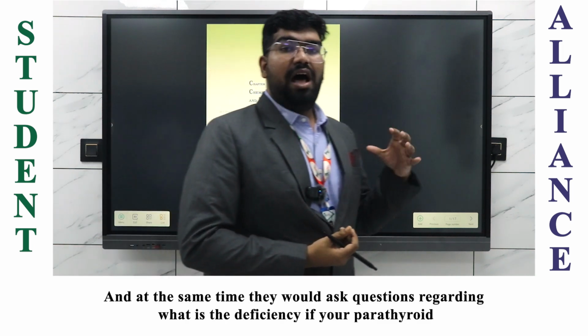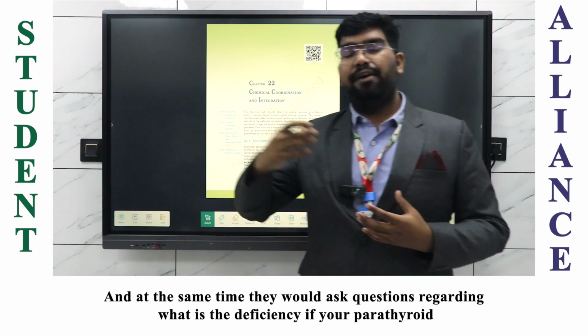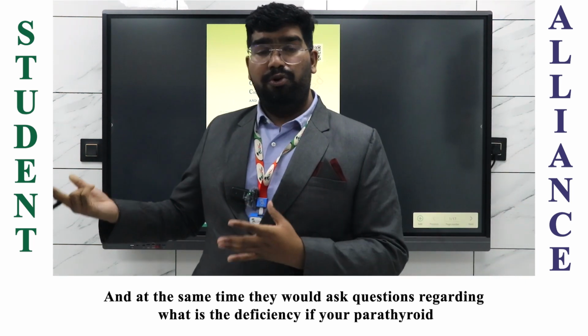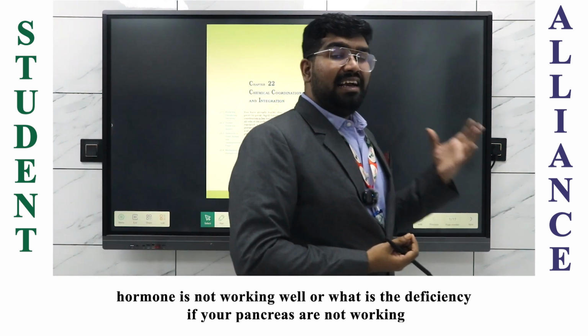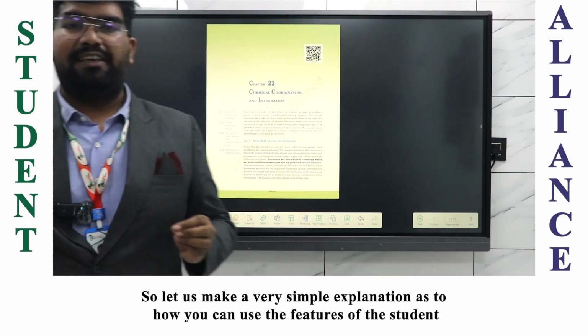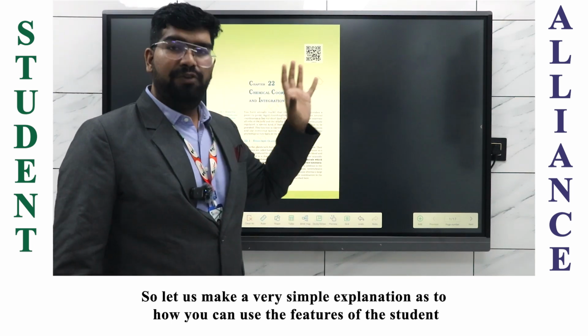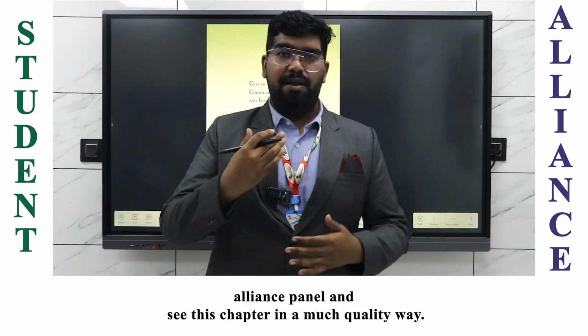And at the same time, they would ask questions regarding what the deficiency is if your parathyroid hormone is not working well, or what the deficiency is if your pancreas is not working well, right? So let us make a very simple explanation of how you can use the features of the StudentAlliance panel and teach this chapter in a much higher quality way.